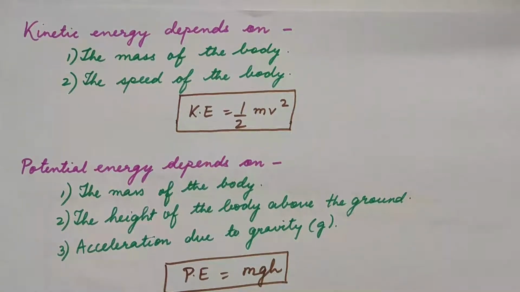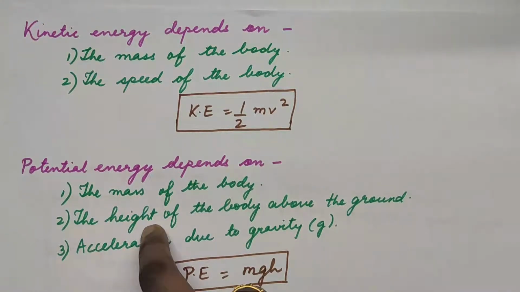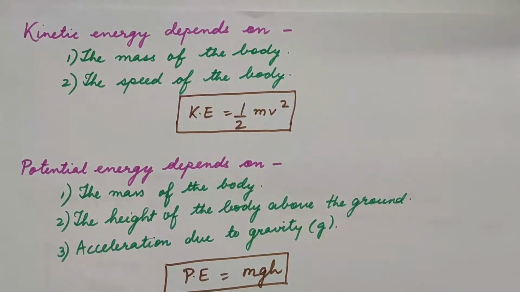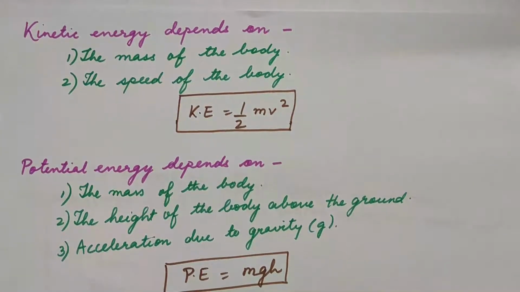Suppose you take a small stone and a big stone and you raise both of them to a certain height. The bigger stone will have more potential energy because its mass is more. Simple. And then it depends upon the height of the body above the ground.